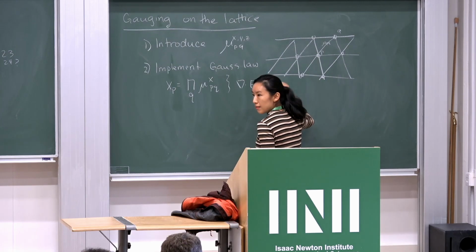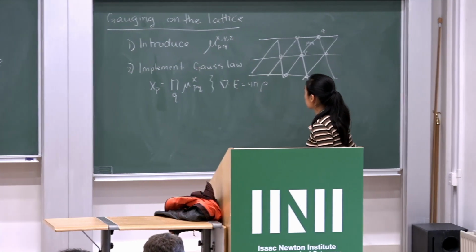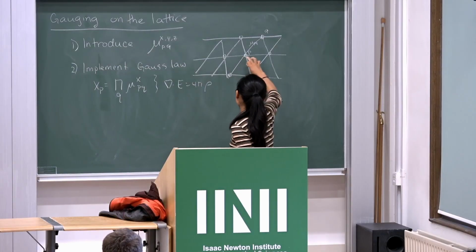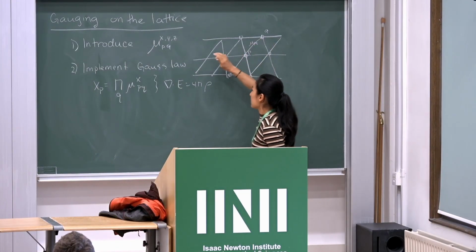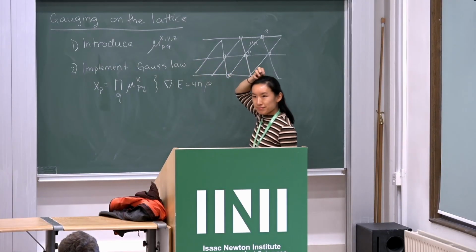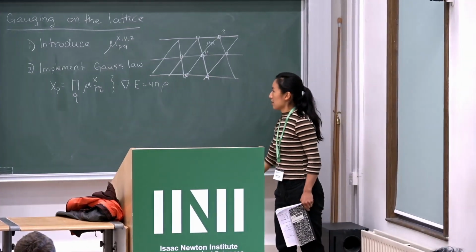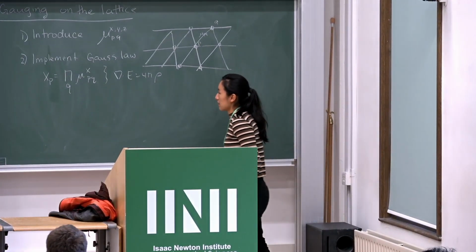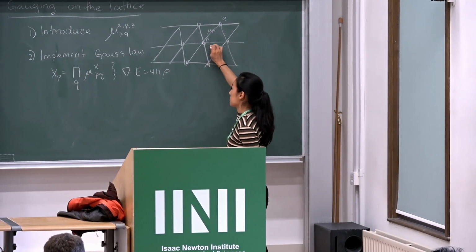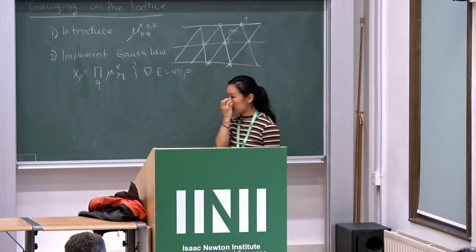Sorry, Carolyn, what are the superscripts? What are the indices? PQ is like the length between P and Q. And then this is the Pauli matrix index. Yes. We have this Gauss law that fixes how spin flip will also affect the gauge fields.